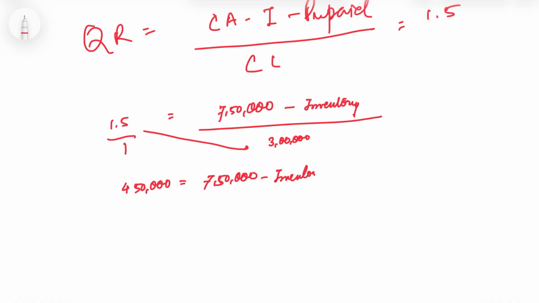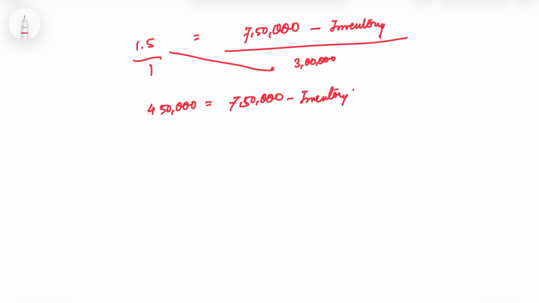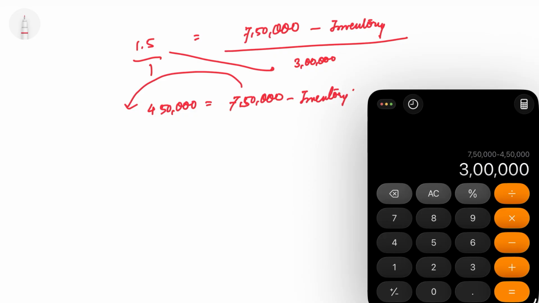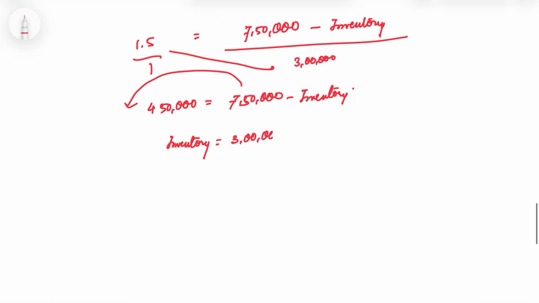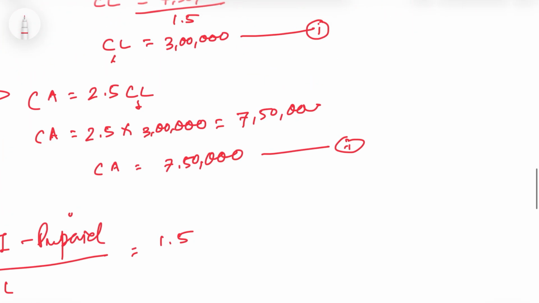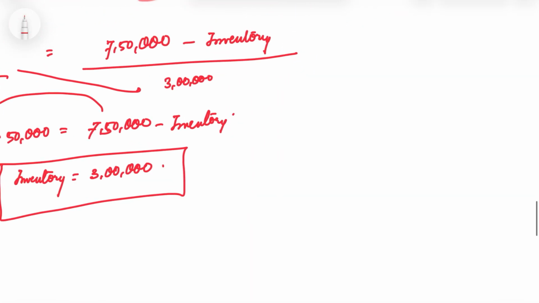So inventory is 7 lakh 50 minus 4 lakh 50, which is equal to 3 lakh. Therefore inventory is 3 lakh.